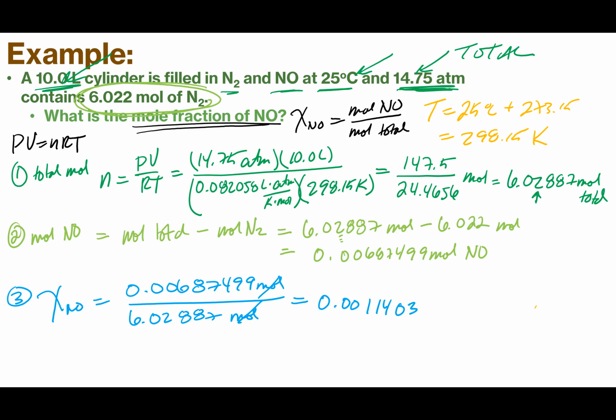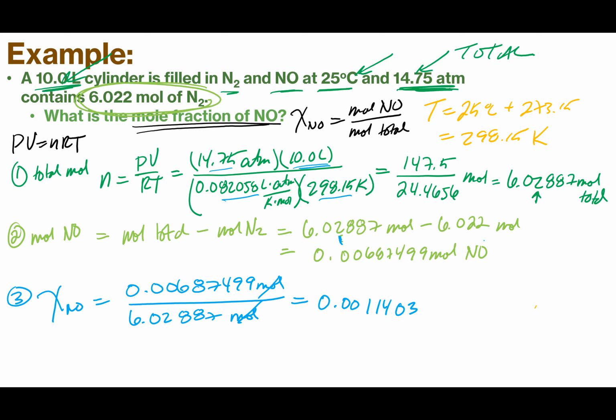0.0011403. Okay, now significant-figure wise, this ends up being 0, which is really stupid. How did this happen? This is 3, 5, 5, 4. So this should be 3, which is 2 decimal places.